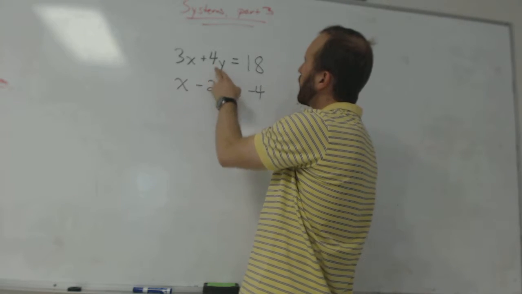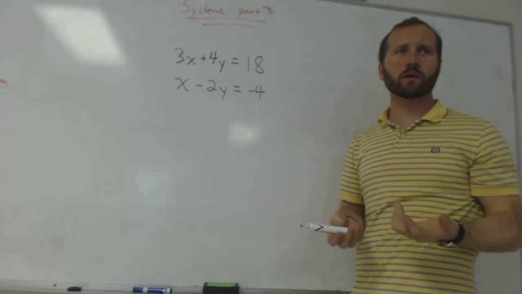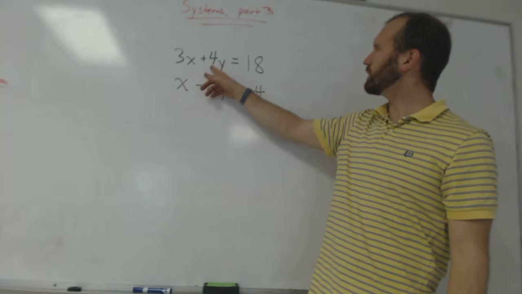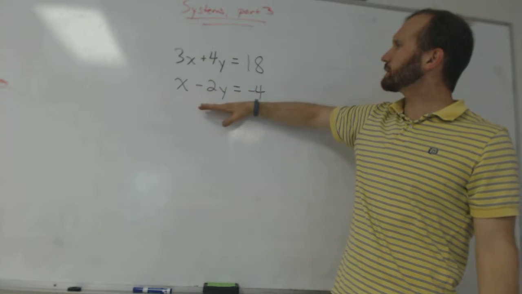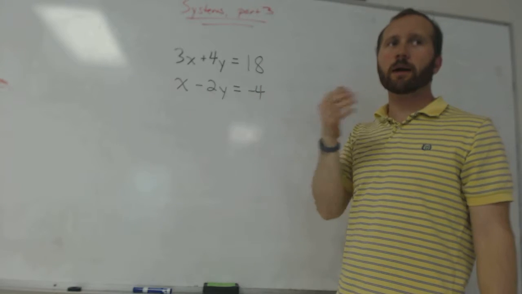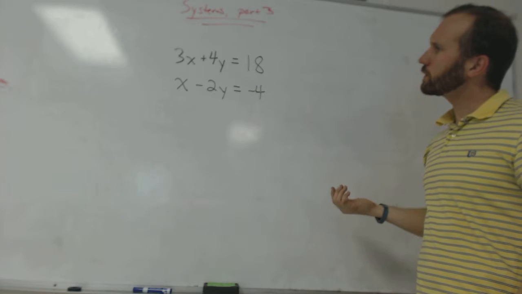Or we would have had 4y and 4y, or 4y and negative 4y. And that was really important, wasn't it? Because when we had the same coefficient, we could just add these together, and that would make one of the variables drop out. But now, we don't.